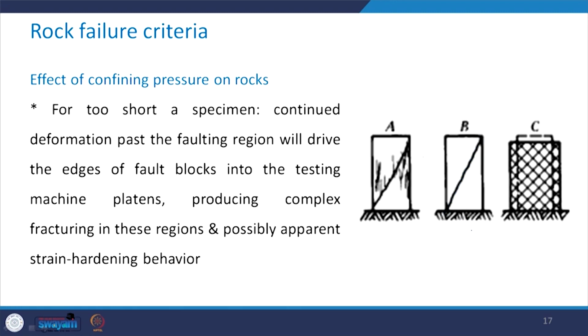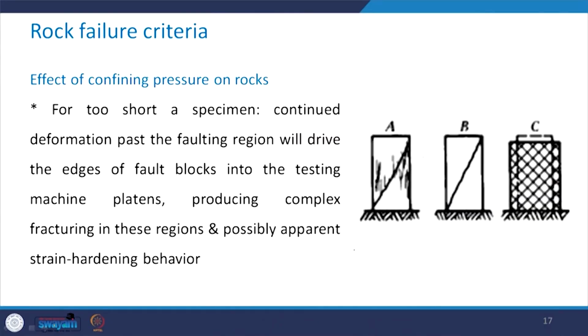For too short a specimen, continued deformation past the faulting region will drive the edges of the fault blocks into the testing machine platens, thereby producing complex fracturing in these regions, and possibly we will get strain hardening kind of behavior.